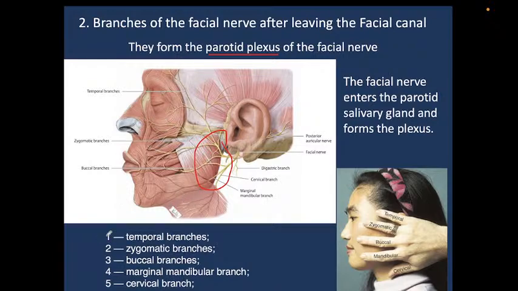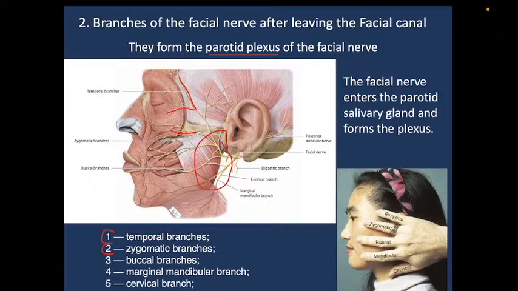What kind of branches do we distinguish in the parotid plexus? The first branches are called temporal branches. They are here. They go to the upper facial muscles. Then we could find zygomatic branches.